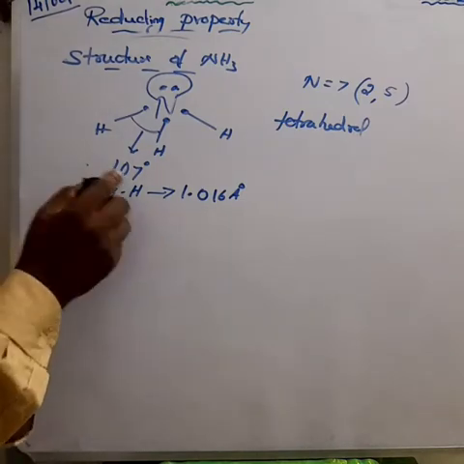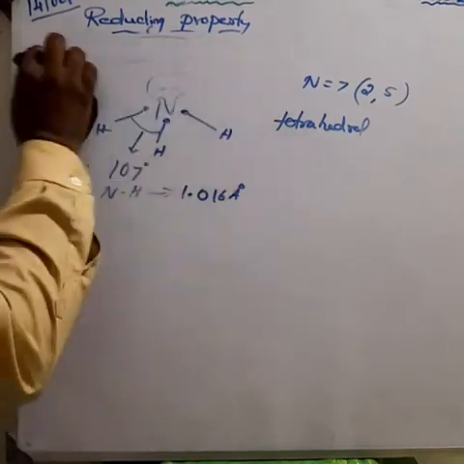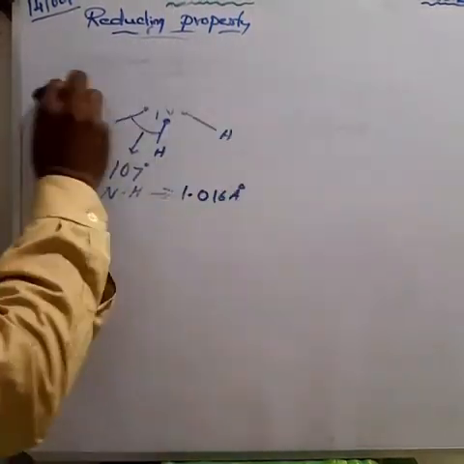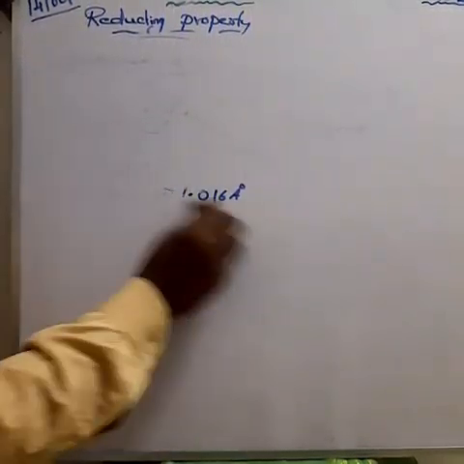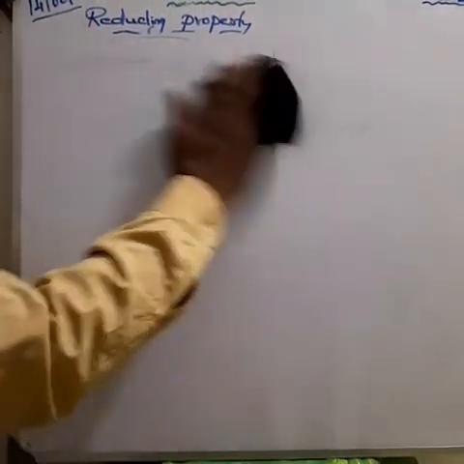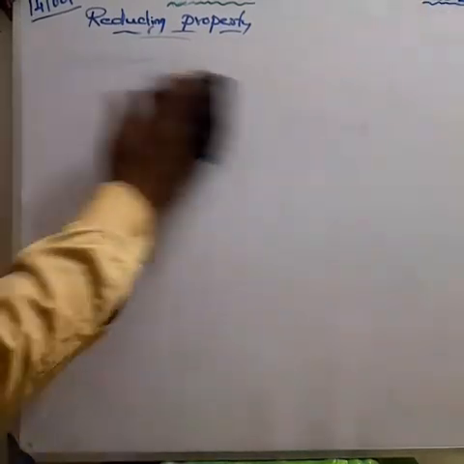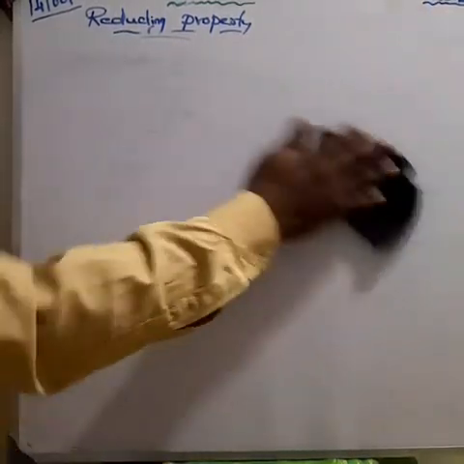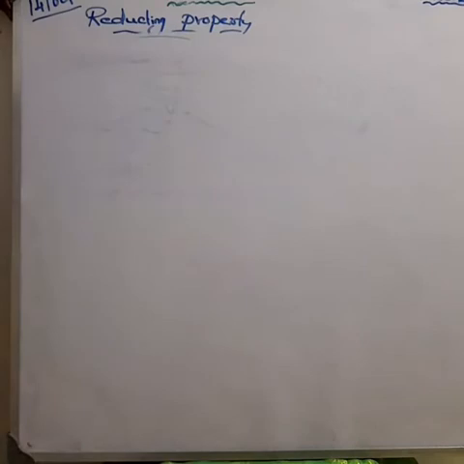Pyramidal shape. What is the bond angle? 107 degrees. Important point. Hydrogen bond distance is 1.645 Angstrom units. Nitrogen-hydrogen bond distance is 1.016 Angstrom units.